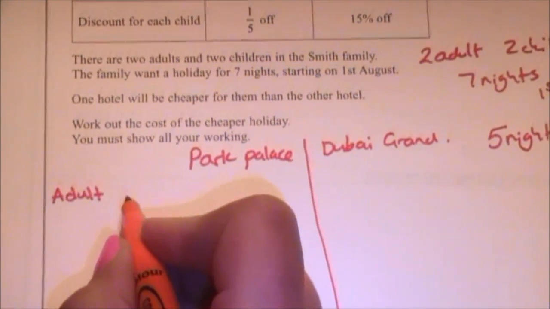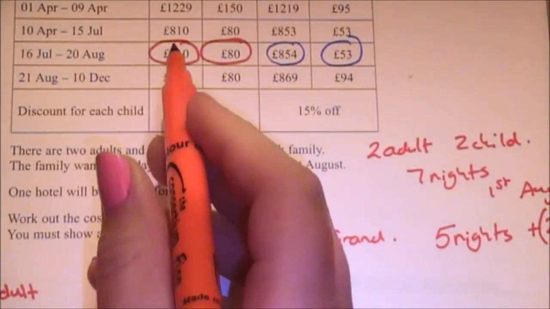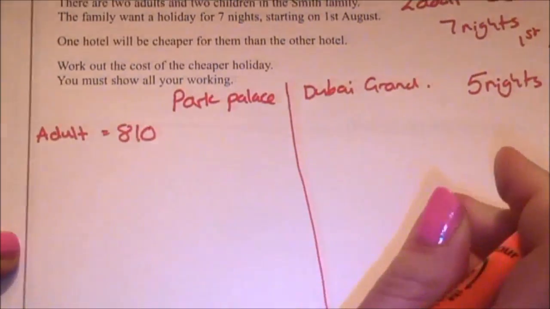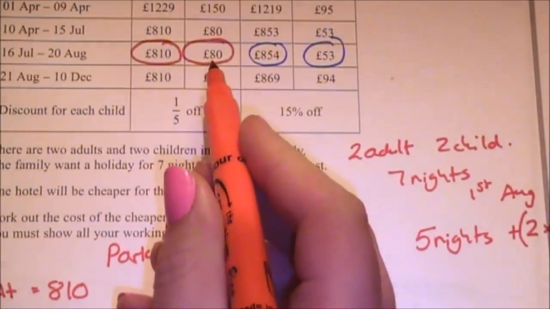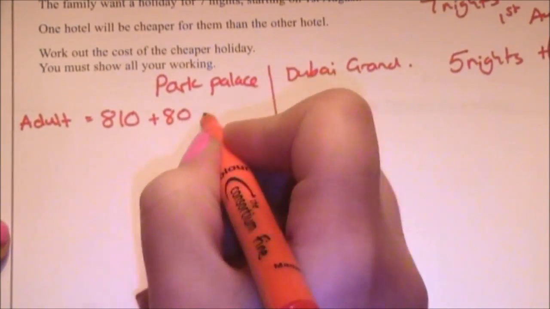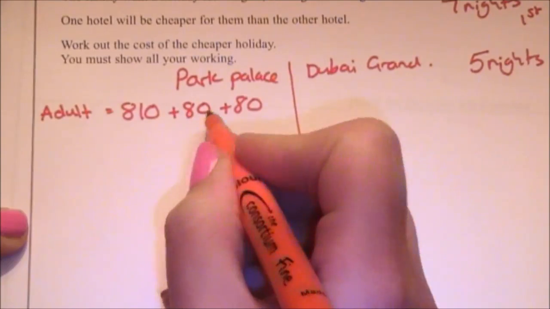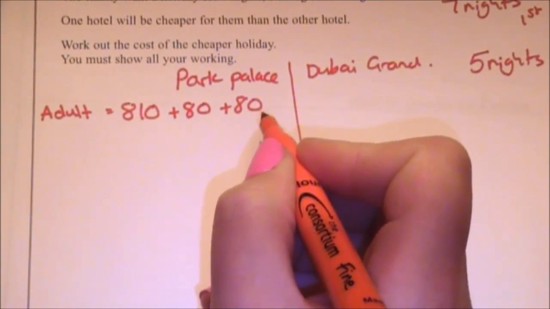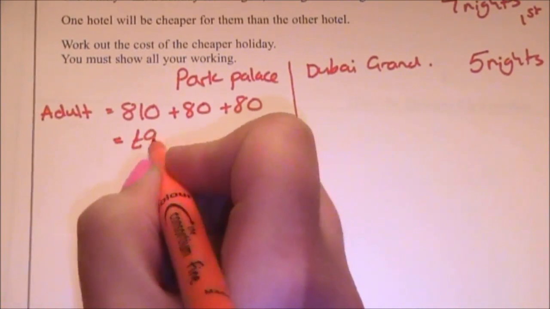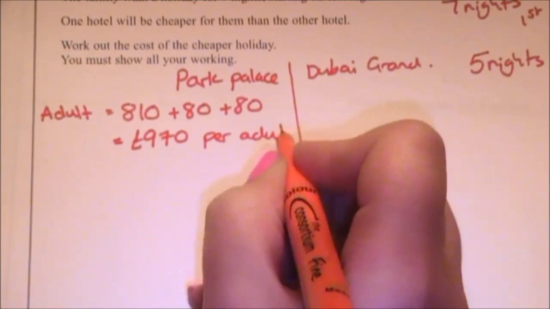So the cost of an adult at Park Palace, well, they have to pay for the 5 nights, which is £810, and they have to pay for 2 lots of £80. So I'll say plus 80 and another 80. So there's my 5 nights, 6 nights, 7 nights. Now when I add those together, that gives me £970 per adult.